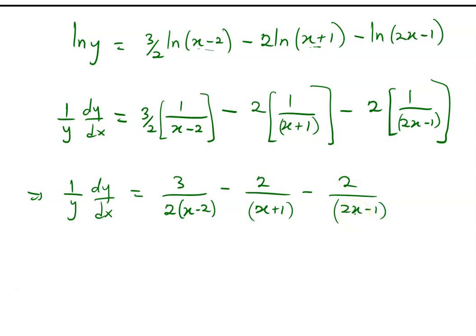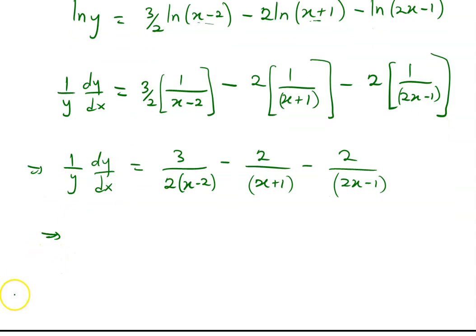Very good. So we bring the y to that side of the equation. And how do you bring the y there? So the y gets to this side. So at the end, what do I get?